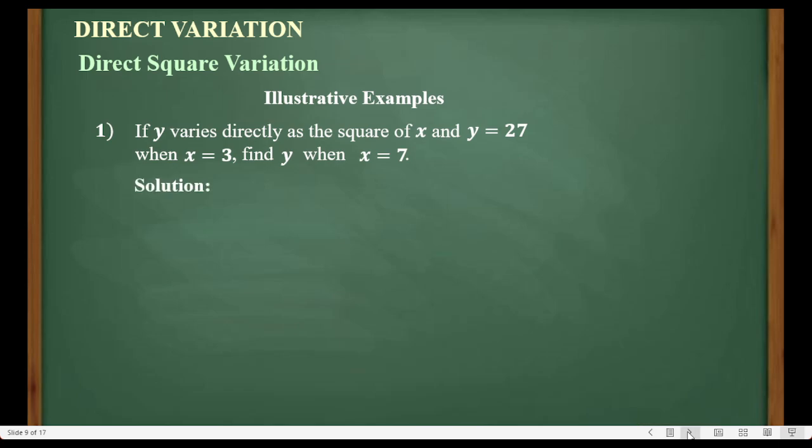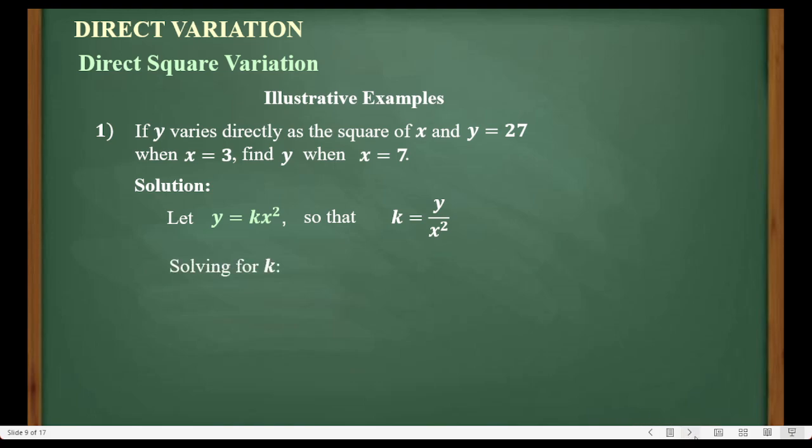So for our solution, translating this statement, y varies directly as the square of x, by using k, we have y is equal to kx squared. And from the translated equation, solving for k, we have k equals y over x squared.